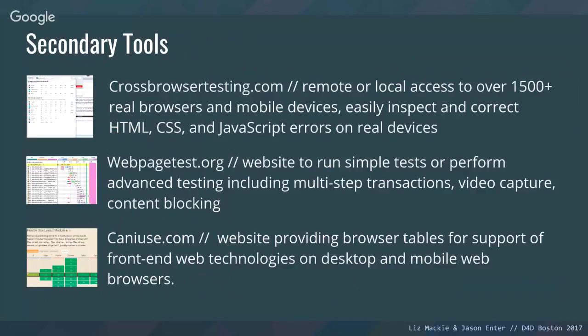And additionally, caniuse.com was another one that we used a lot on boston.gov, needing to support older browsers, because you can enter a CSS style, and it will give you a table like you can see in the screenshot, and it will tell you what browsers support it.